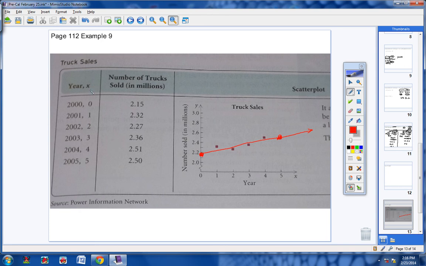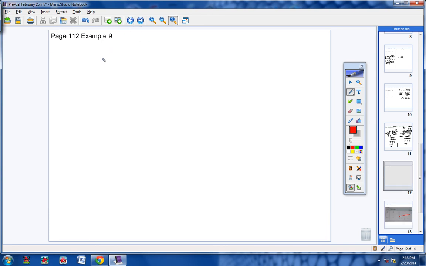I didn't do that on purpose, but if you'll look on page 112, if you'll look at the 4th line down, you'll see the word solution. Do you see that okay? And then you'll see the 2 points they picked. It says let's use 0, 2.15 and 5, 2.50. So there we go.